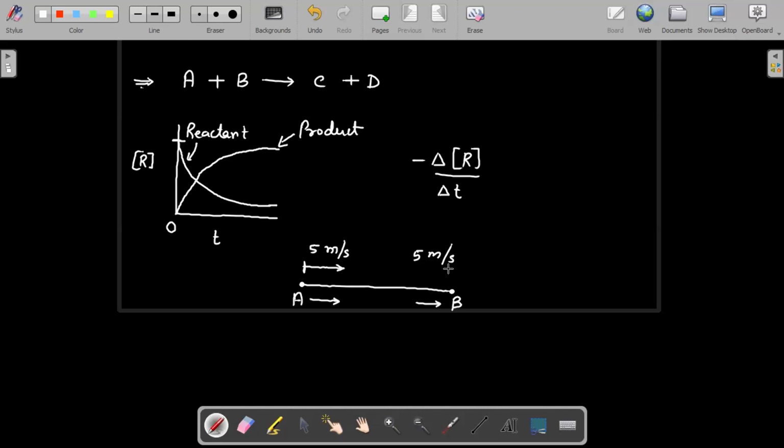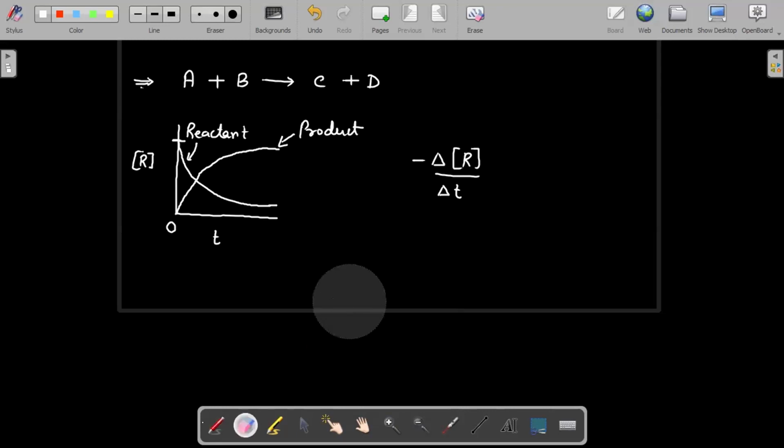If I consider this as a straight line or the velocity, then I have to give a plus or minus sign, because the object is going away. I can indicate it by a negative sign. If the object is coming towards B, I can say the object has a positive speed.